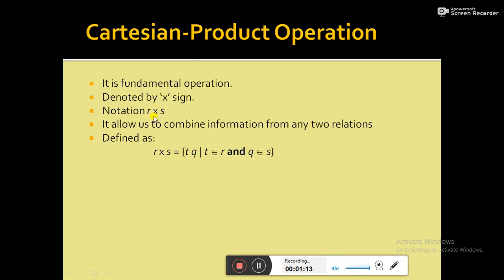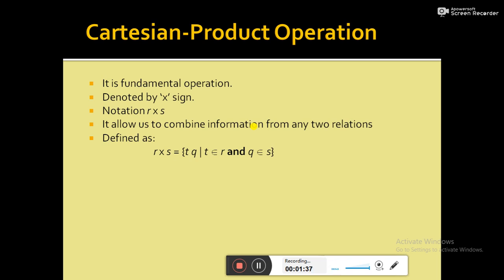Now what is the purpose of this Cartesian product operation? That kind of operation allows us to combine the information from any two relations. That means in some cases we may require to combine all the information from two different relations. Then we have to perform the Cartesian product operation between these two relations.